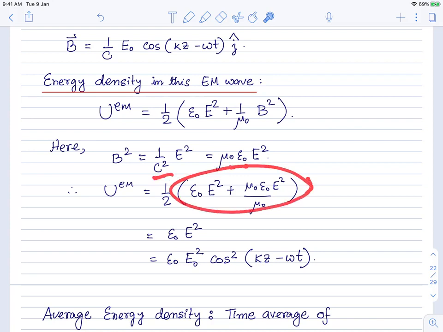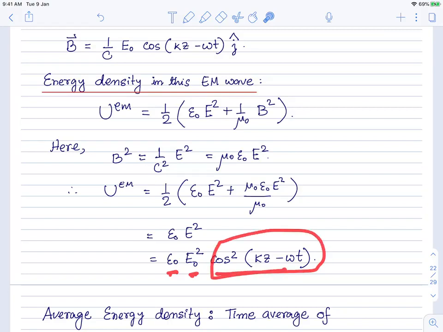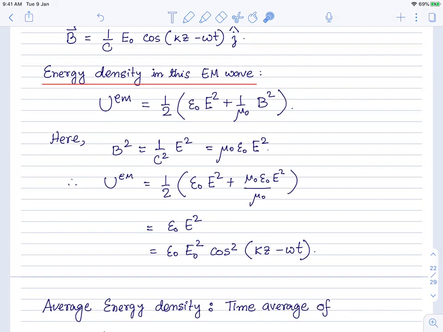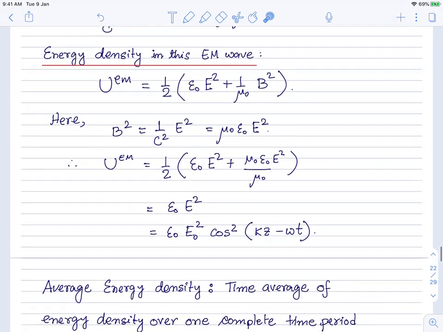So these terms together form epsilon naught E square, and this becomes epsilon naught E naught square cos square. This cos square comes from the cos here; when you square it, you get cos square of kz minus omega t. So this is the expression for the energy density.